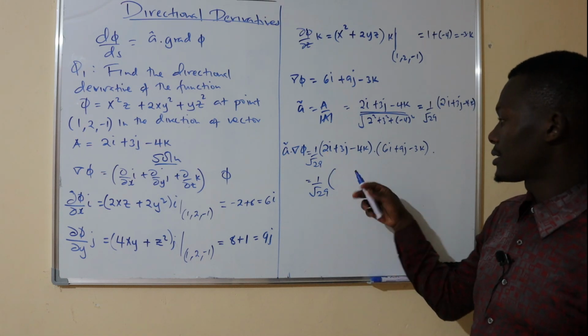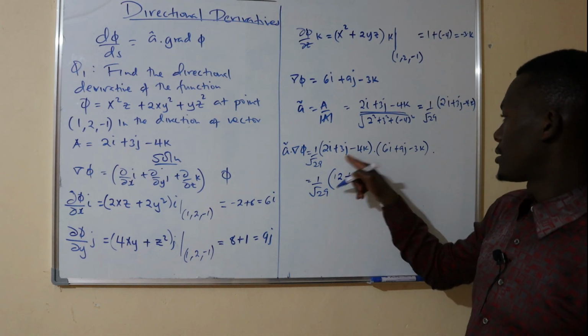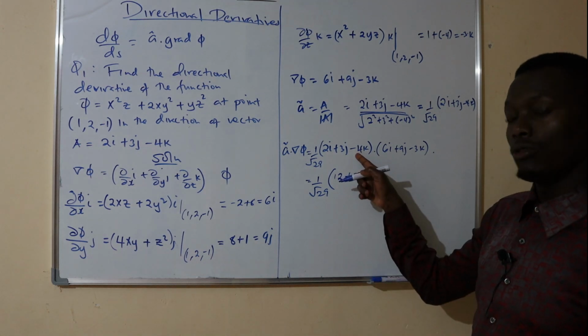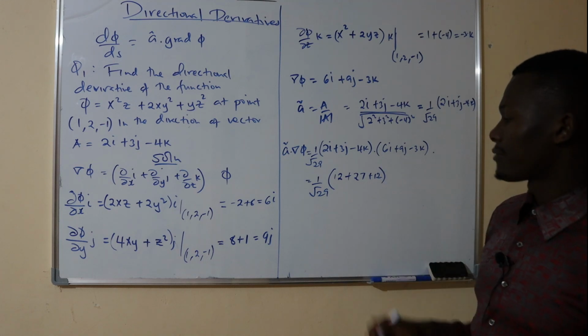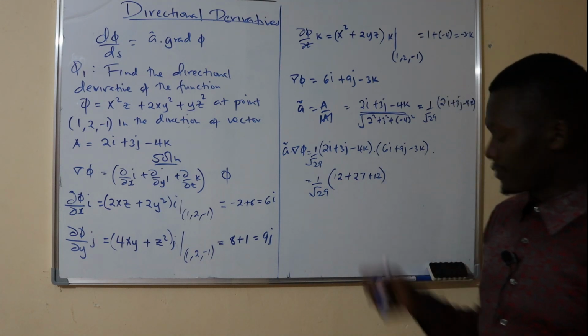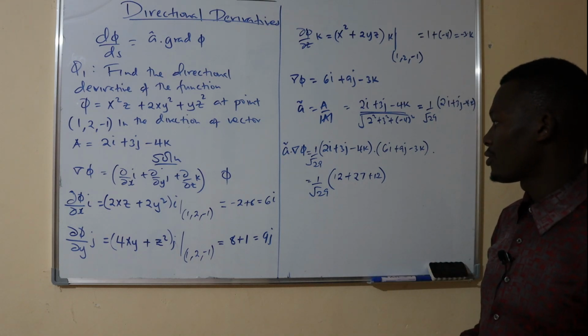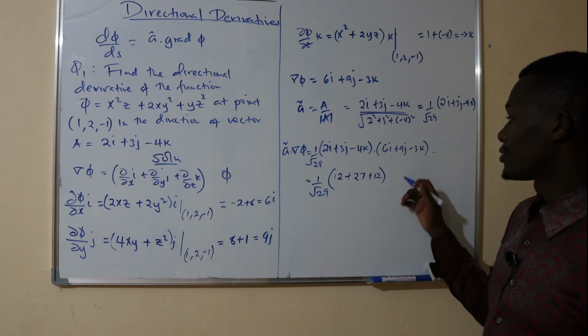So 2 times 6 gives you 12. Then plus 3 times 9, 27. Negative 4 times negative 3 gives you plus 12. So 12 plus 12 gives you 24. 24 plus 27 gives you 51.